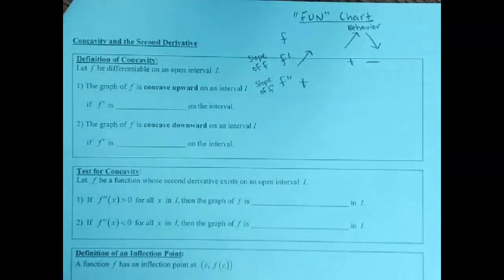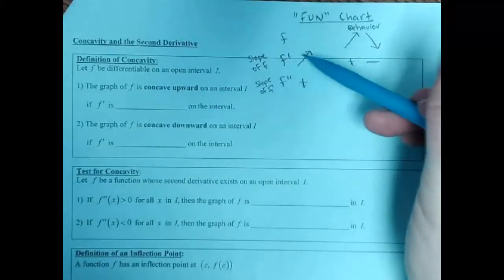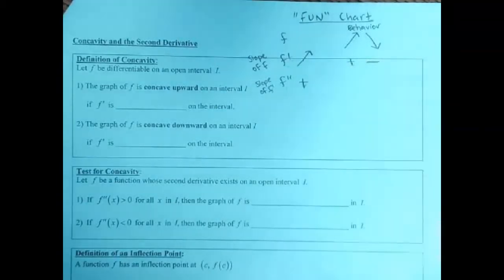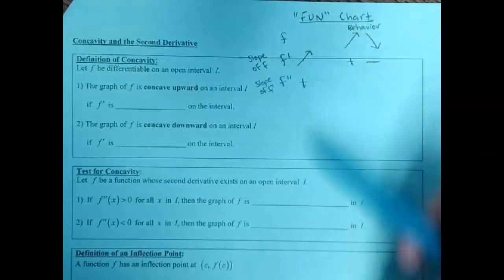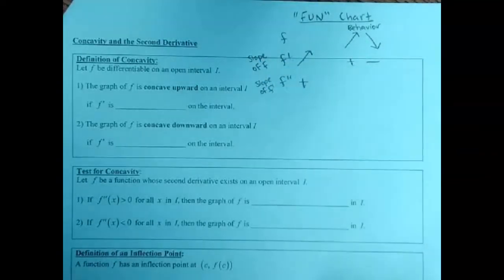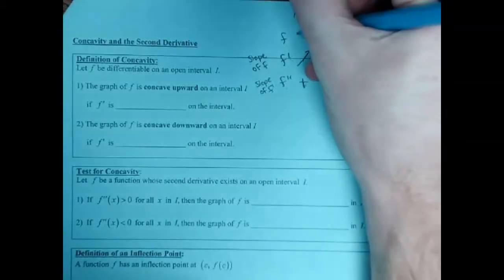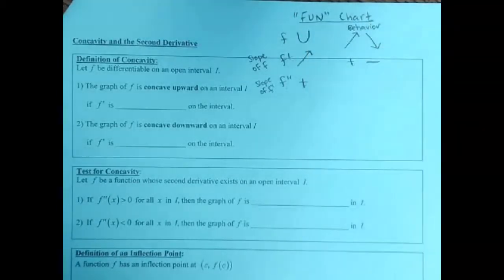Okay, now the next link. If f prime is increasing, that means the slopes of my original function are getting bigger. And if the slopes of your original function are getting bigger, it's going to create an upwards curvature to the graph, which we are going to call concave up, or concave upward.